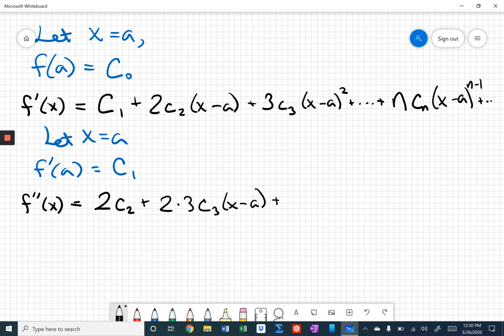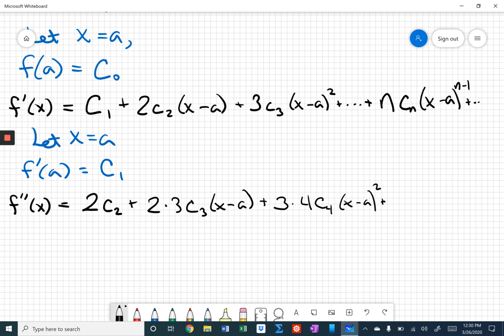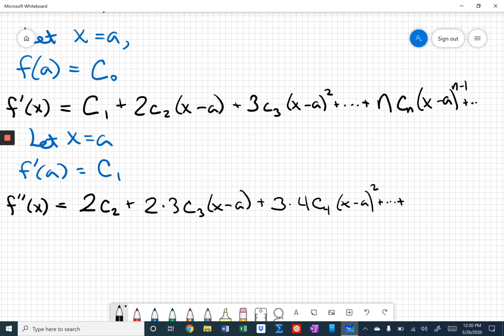Now, if I take the derivative of that one, the 3 from the cubed comes down as a multiplier, times 4 times c sub 4 times x minus a squared, plus dot dot dot, plus n minus 1 times n times c sub n times x minus a to the power of n minus 2 plus dot dot dot. I forgot all the dot dot dots in there. I'm just trying to squeeze it all on the screen.